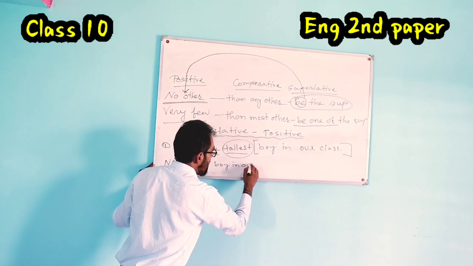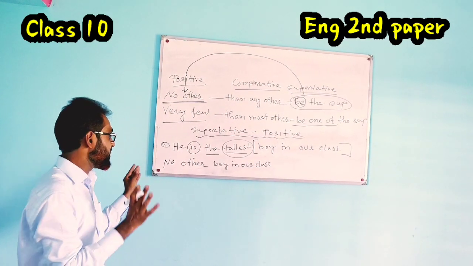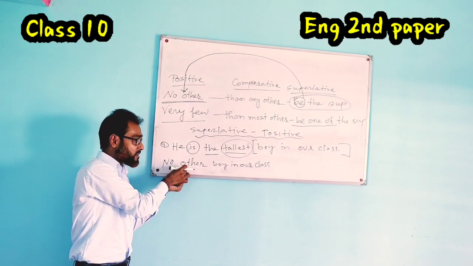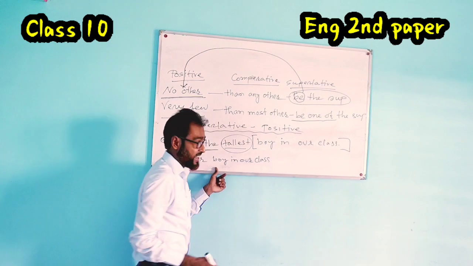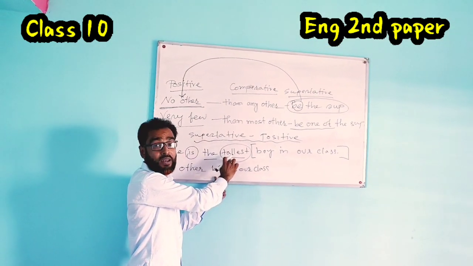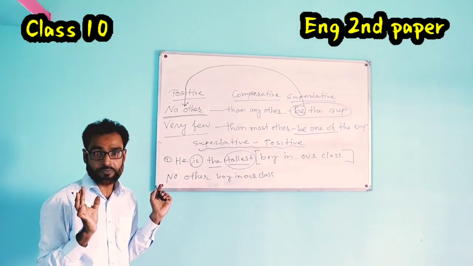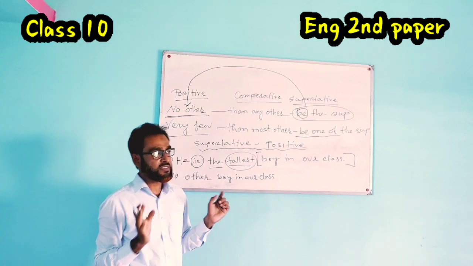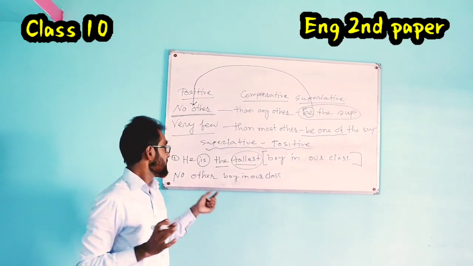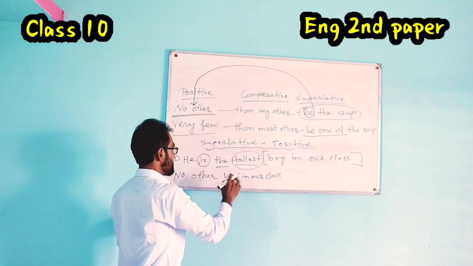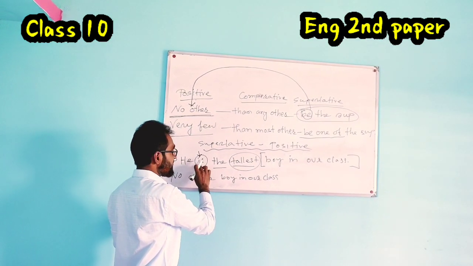At first we take no other, then the last portion of the given sentence after the superlative degree, boy in our class. Now we need a verb. We know if any sentence starts with no other, this is a singular subject. So we can use is here.